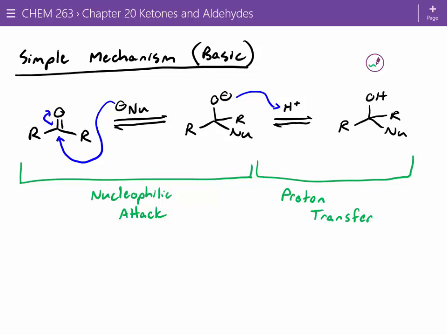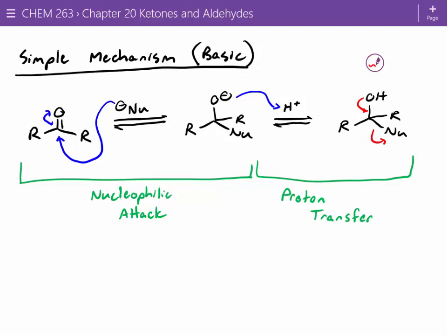Grignard reagent. Question is, why am I showing this as an equilibrium? Were Grignard reagents in equilibrium? No. The interesting thing is you can actually draw this reaction going backwards, and you could say, well, what if this oxygen kicks down and then kicks off your nucleophile?